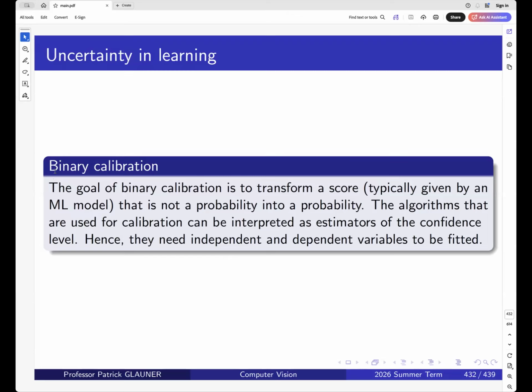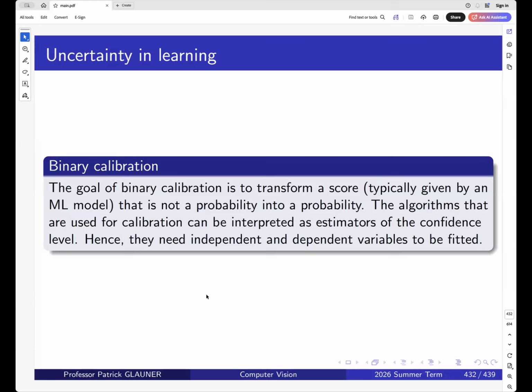The goal of binary calibration is to transform a score that some machine learning model makes, that is not a probability, into a probability. Because not all machine learning models actually give us probabilities. They give us some score, and these calibration algorithms help us to turn that score into a probability.